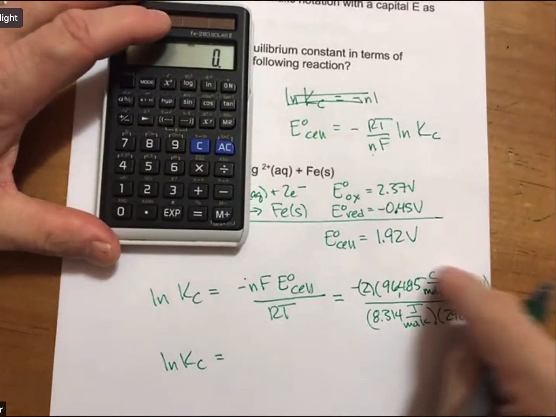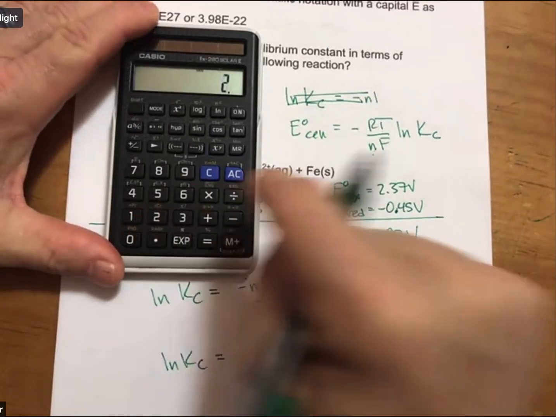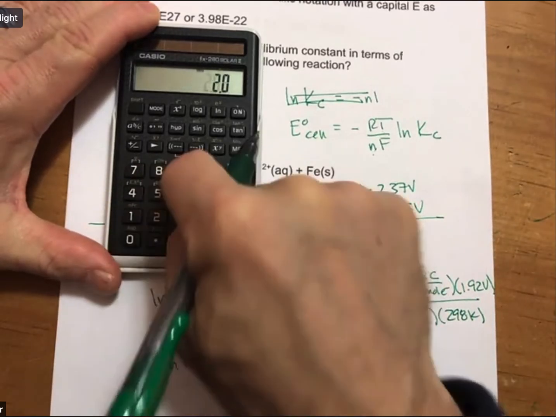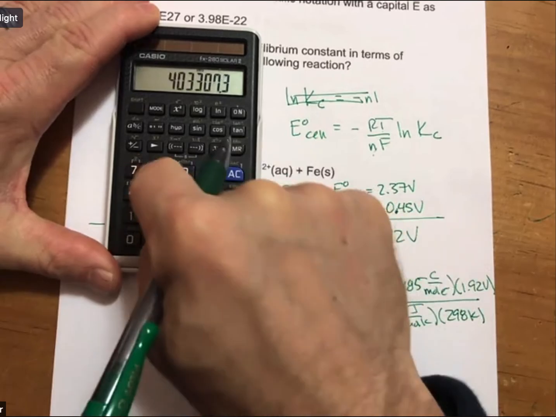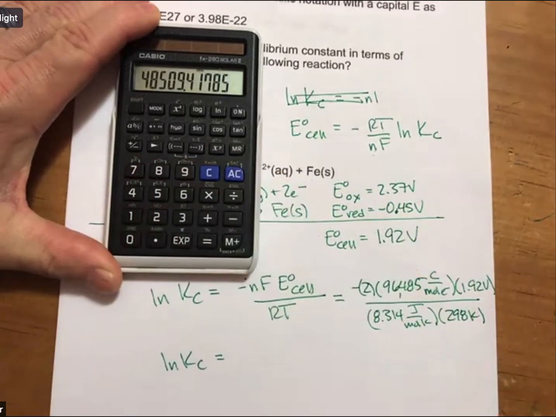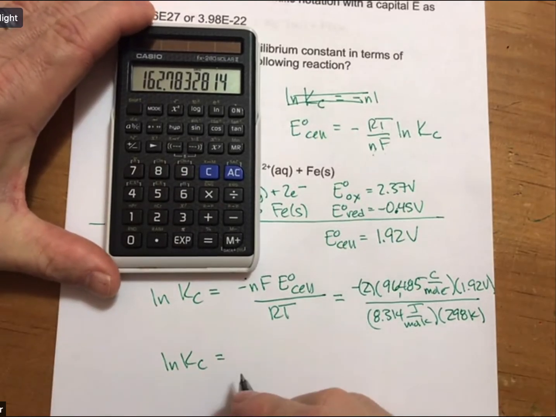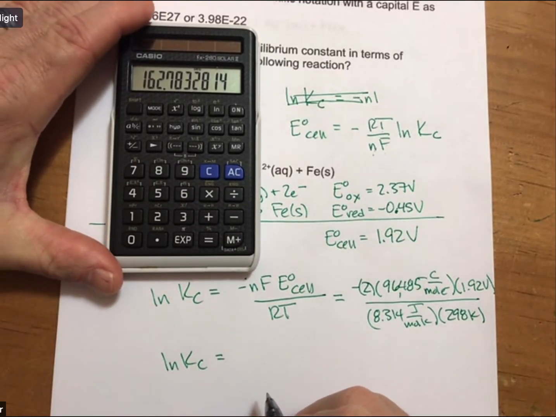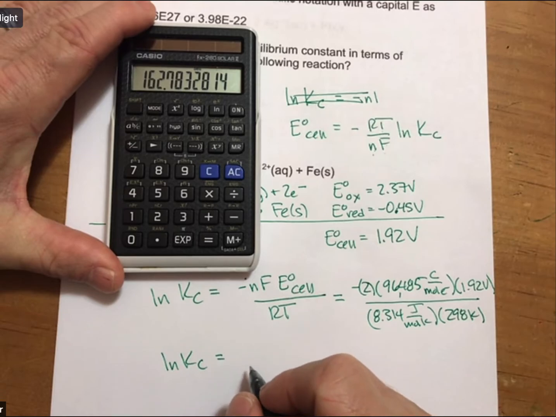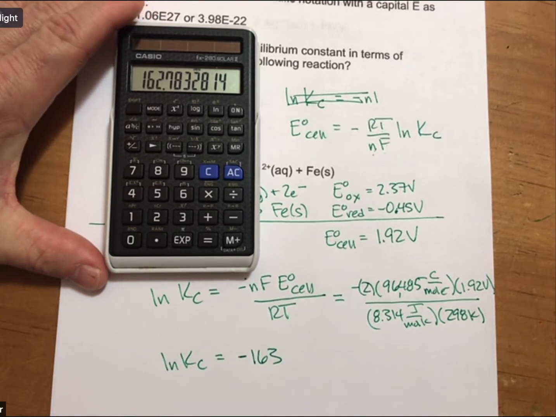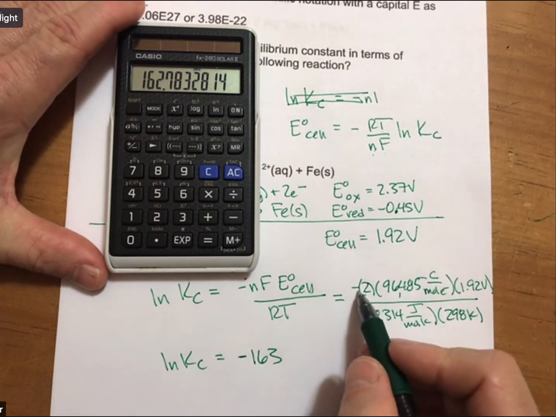Let me multiply this out. 2 times 96,485 times 1.92 divided by 8.314 divided by 298. I get 162.78, 163, minus 163 because I've got to have that minus there.